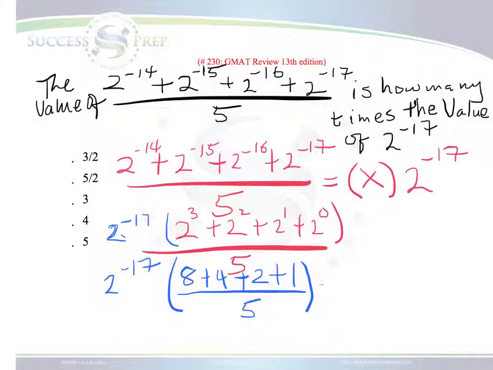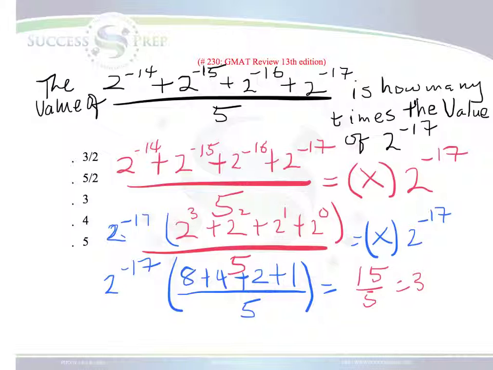So essentially we can break down what you have up in here. That's 8 plus 4, 12, plus 2, 14, plus 1, that's 15. So what we end up having is 15 over 5, which is what?